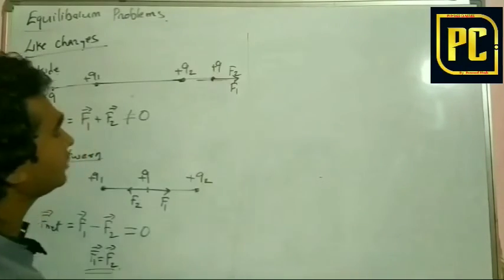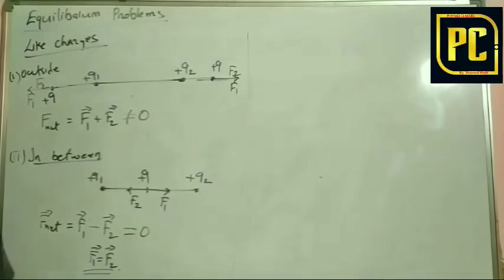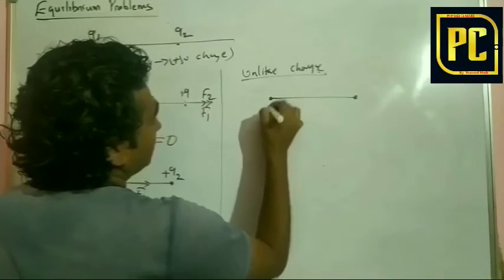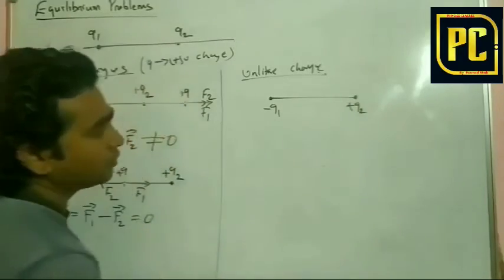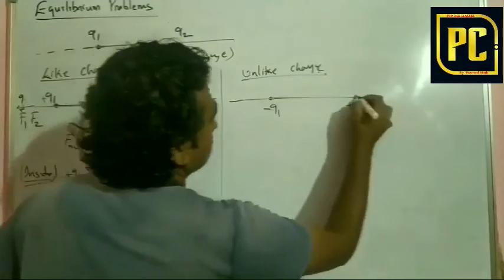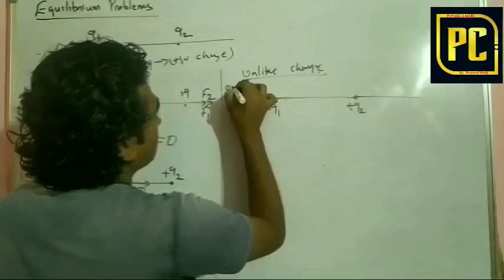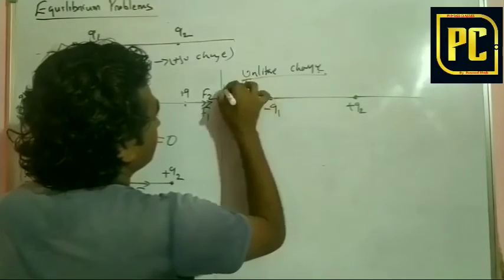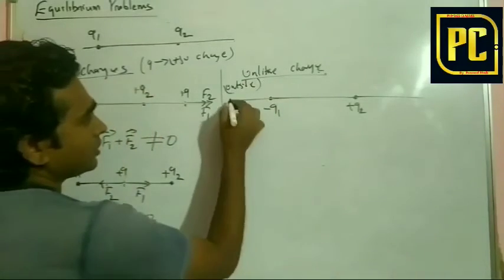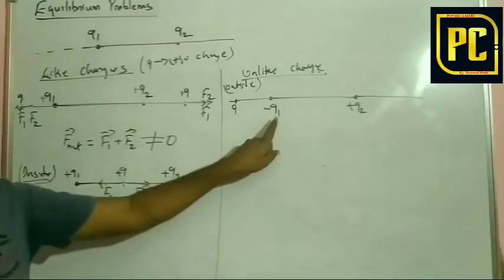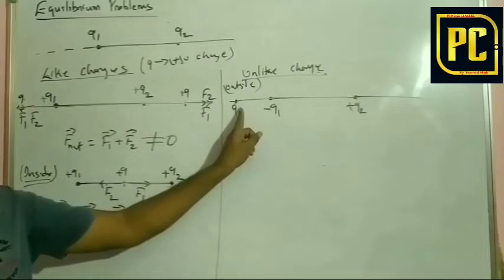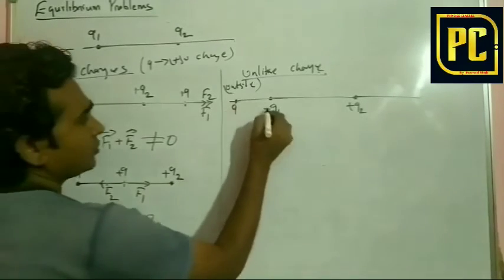Now we will see for the unlike charges. If I have minus Q1 and plus Q2, and I put the charge Q here, outside, there will be one force on it.